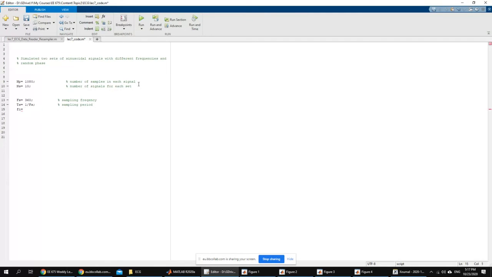F1, let's make it similar to ECG, around 1 hertz. F2, consider something much higher so that we can consider something like ventricular fibrillation. Let's make it 5. It's very different. This is the frequency for set number 2.